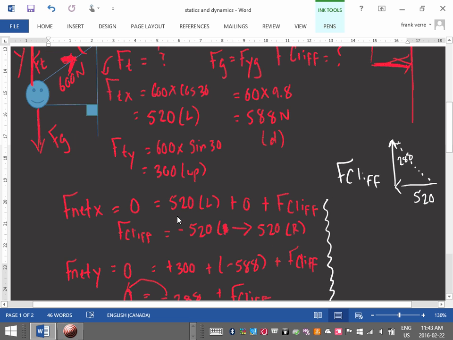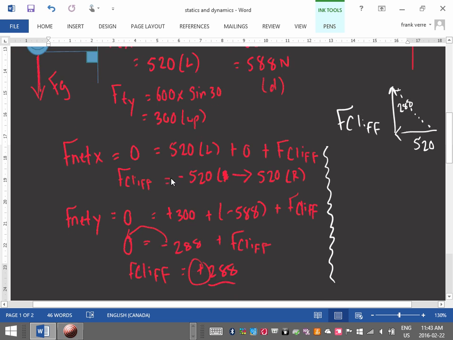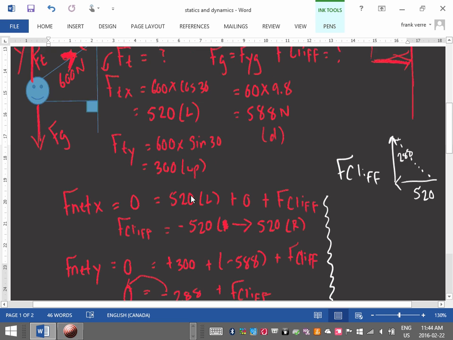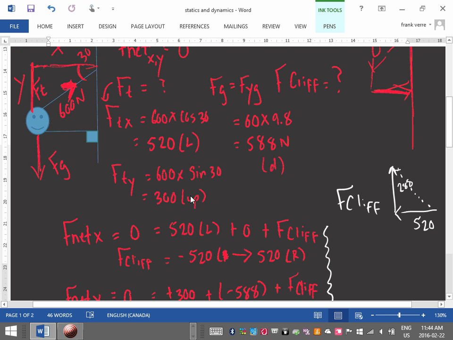I put the wrong direction down. Oh, this should be left. We put left as positive. Yes, you're right. Yeah, the tension is actually to the right, not to the left.